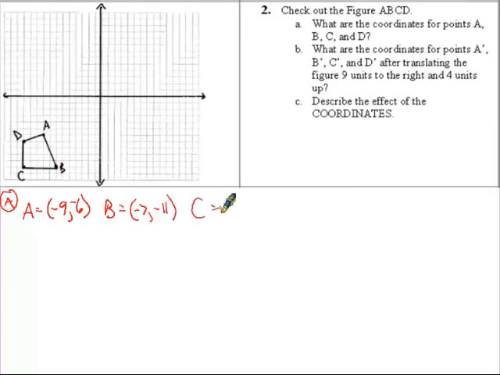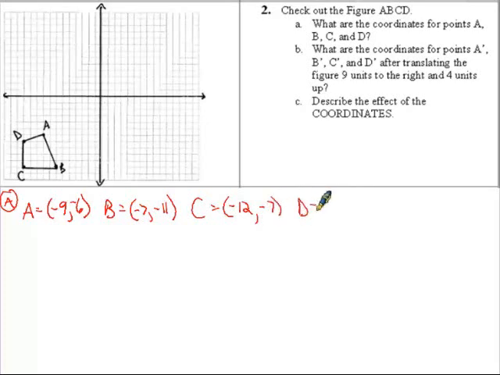For C, -1. Well, we know that that right there is -9, 10, 11, 12. So -12. And then 1, 2, 3, 4, 5, 6, 7. That's -7.